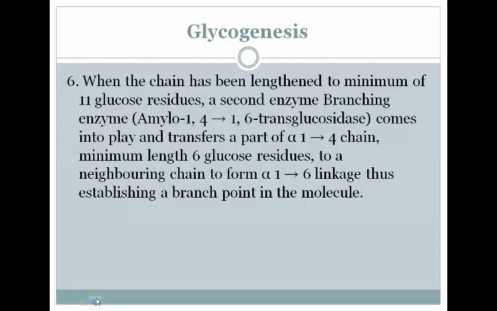And when the chain has become elongated to 11 glucose residues, now the action of the branching enzyme starts, which transfers a part of the alpha-1,4 chain that contains a minimum of 6 glucose residues.